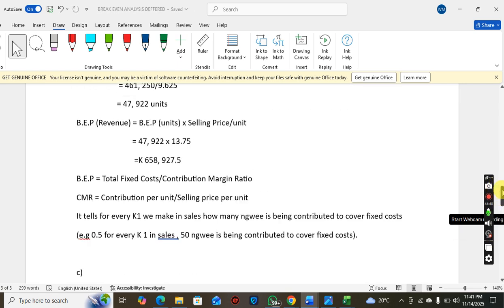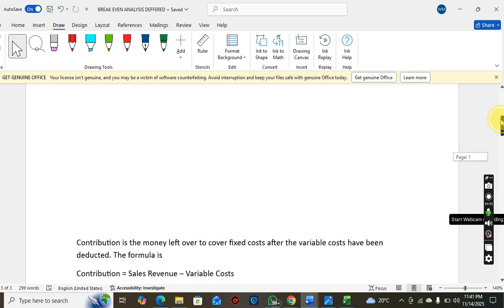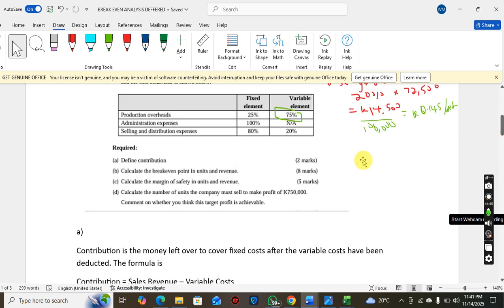Yes. Then the final part of this question: calculate the number of units a company must sell to make a profit of 750,000 and comment on whether you think this target is achievable.